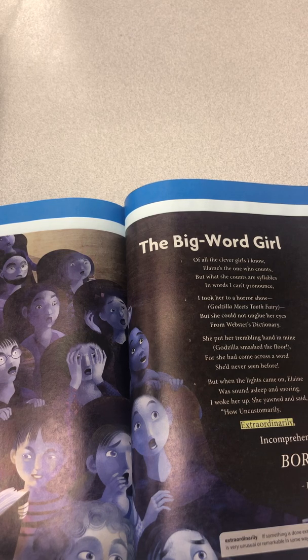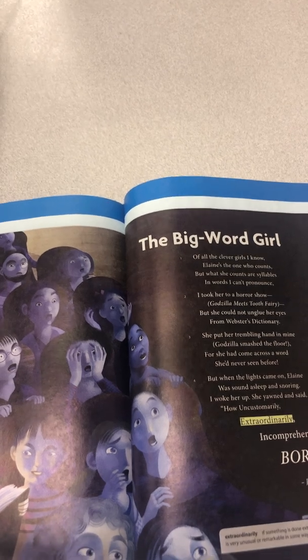She put her trembling hand in mine, Godzilla smashed the floor, for she had come across a word she'd never seen before. But when the lights came on, Elaine was sound asleep and snoring. I woke her up, she yawned and said, how uncustomarily, extraordinarily, incomprehensibly boring.